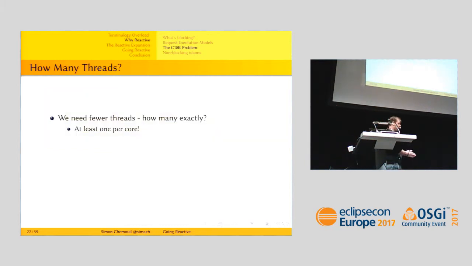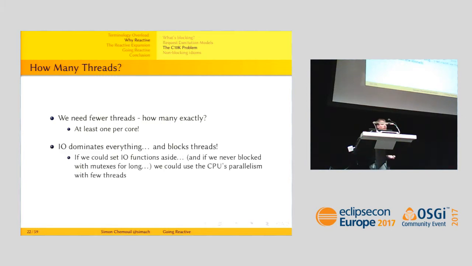So the question became, how many threads do we want? Well, we now have computers with several cores. So to exploit their parallel capacity, we need at least one thread per core. That would be great. But what we saw is that I/O dominates everything. If going to the latency of my L1 cache on my CPU is 1 second, going to the disk is going to take months.